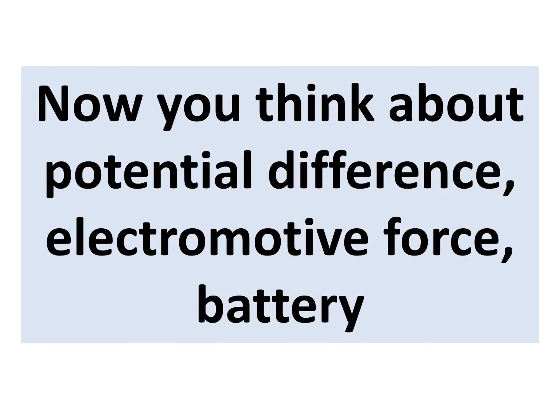Now, homework. Just think about potential difference, electromotive force, and battery. That means you have to differentiate potential difference from electromotive force, and you have to understand the battery cell.